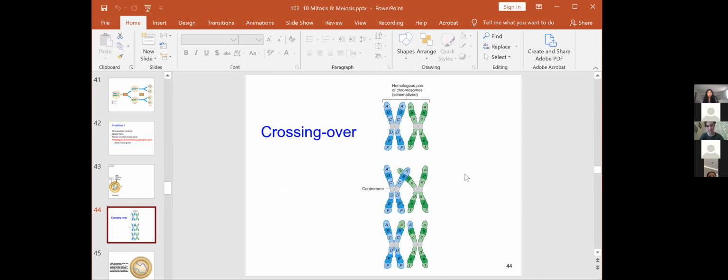Now, this particular cartoon came from an author that tried to make things as simple as possible. One homologous chromosome is showing all of the dominant or capital letters, and the other showing all of the recessive alleles or lowercase. That's highly unlikely, that dad would have all the dominant alleles and mom would have all the recessive, but it's easier to keep track of what's going on.